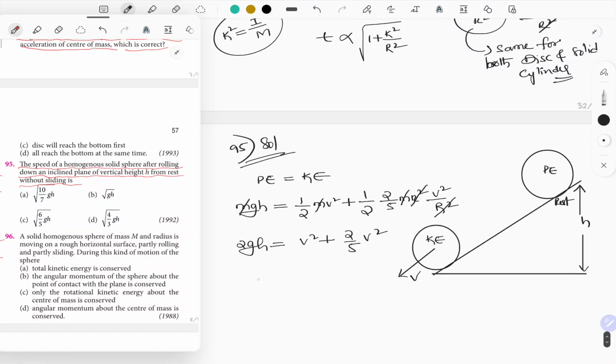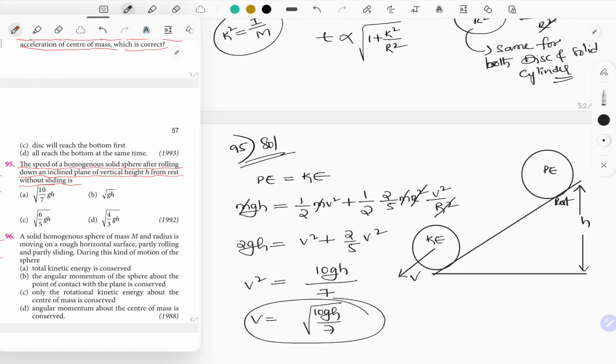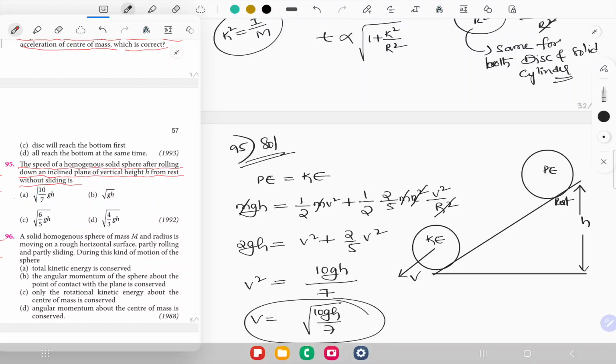So from this I need v square. V square is equal to 10 gh divided by 7. Then v is equal to root of 10 gh by 7. Which option matches? Option A is correct.